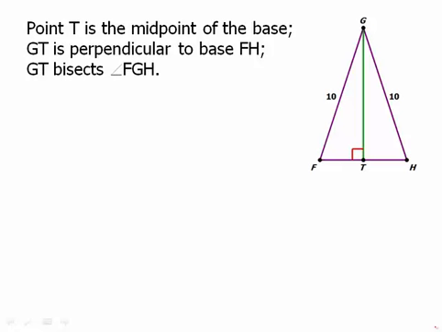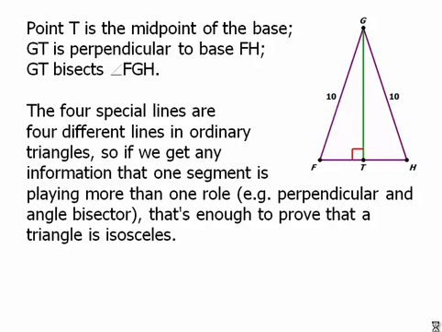It also bisects the angle, so it's an angle bisector. And so it plays all four roles: median, altitude, angle bisector, and perpendicular bisector. All four of those roles are played by the single line down the middle of an isosceles triangle.